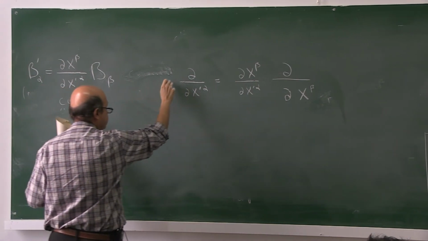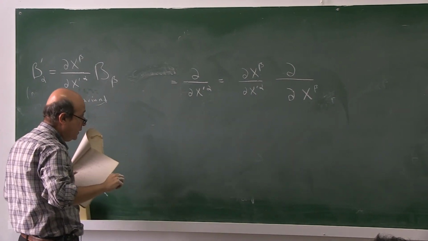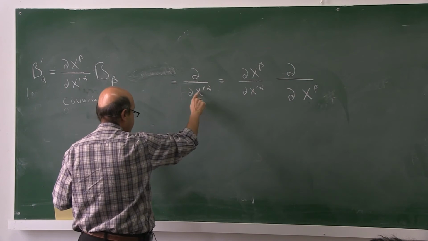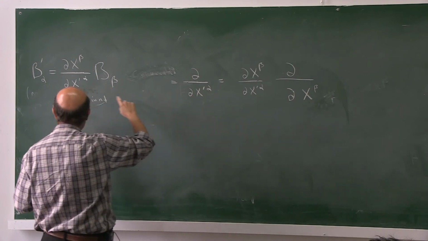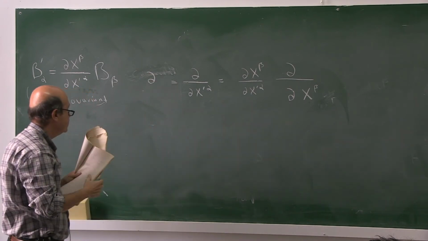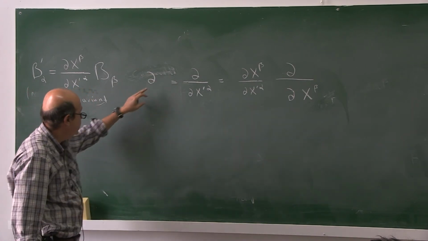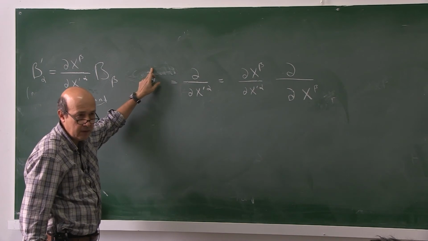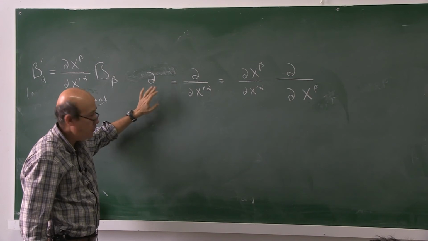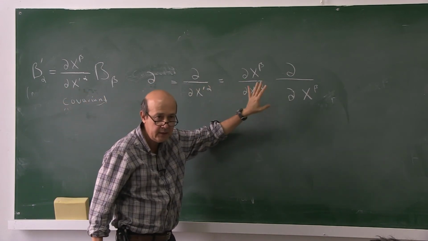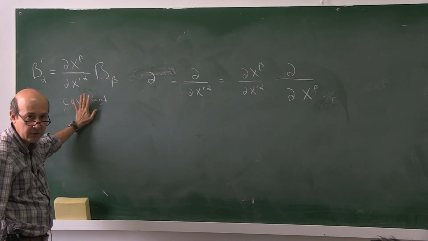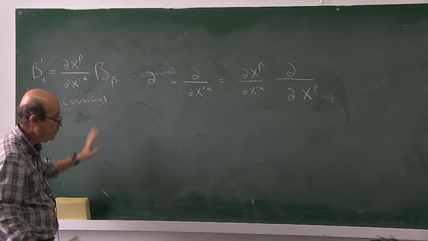If you want to define this derivative operator in 4 dimensions, since it is similar to the form of the covariant, we can put the index down. Down, because this process or pattern is similar to the covariant transformation process. Okay? This is very important.